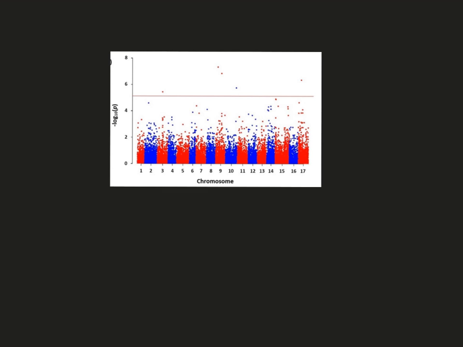Now, I want to go back to the Manhattan plot for one second, just to make something absolutely clear. So let's zoom in just on this region of chromosome 3. And now remember, what we're looking at along the x-axis is that entire chromosomal sequence and all of the variants that we detected in our RAD tag sequencing.